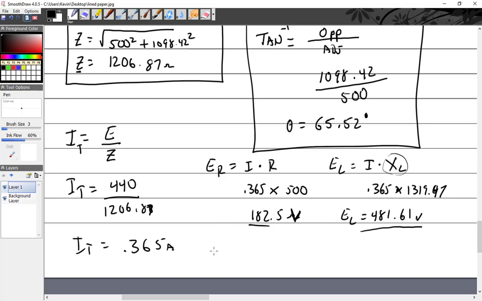All right, where are we now? E of R, E of L, E of C. Okay, so E of C equals I times X of C. So I times X of C is 0.365 times X of C, which was 221.05.